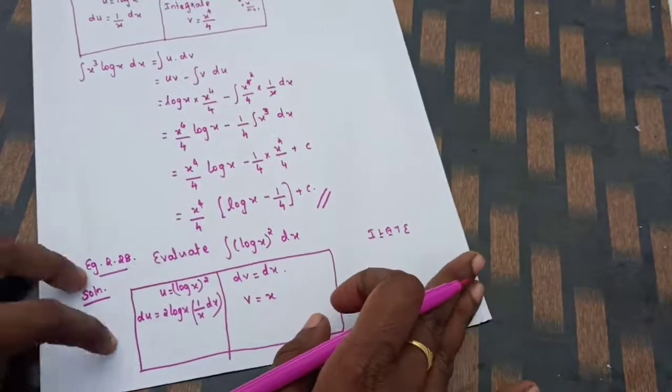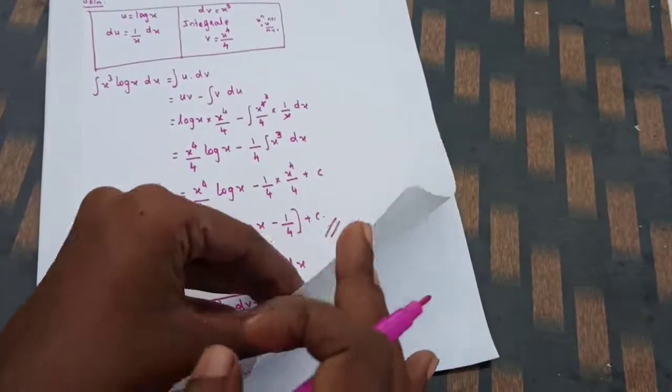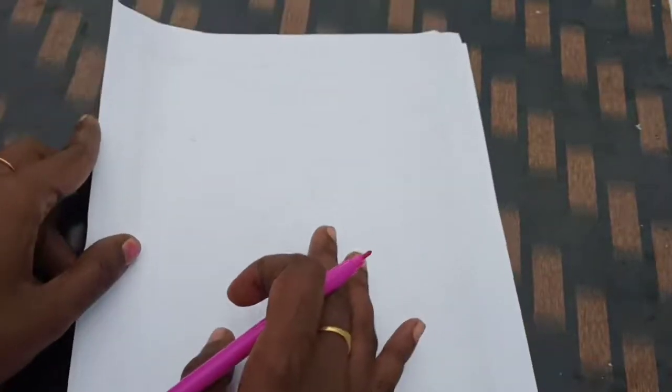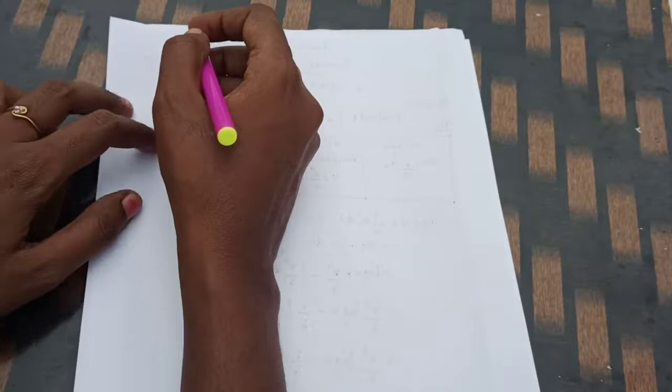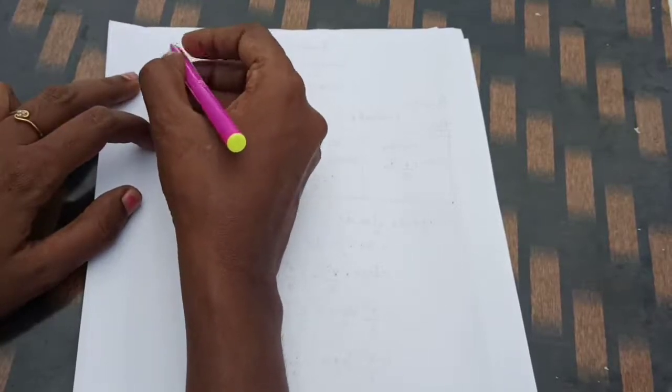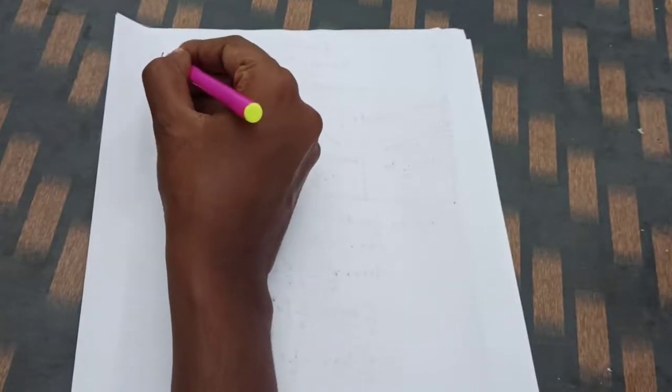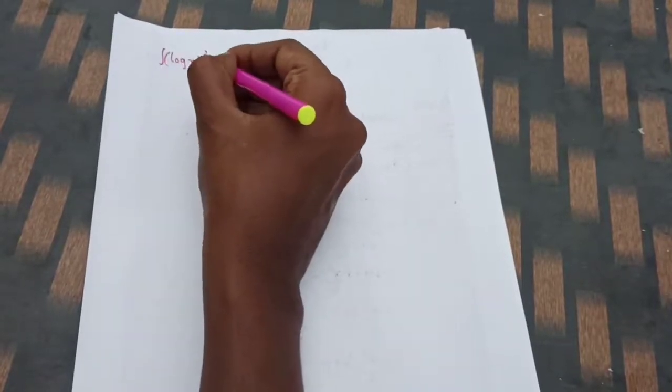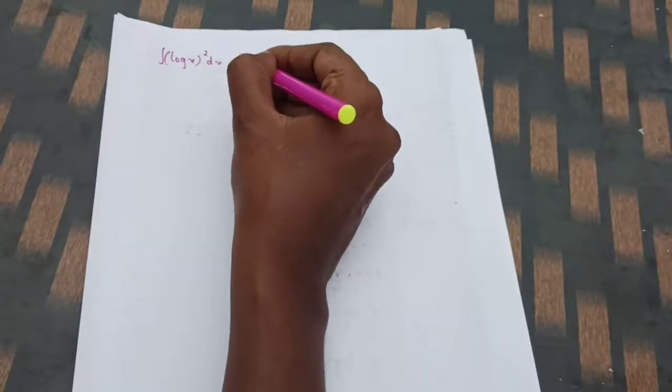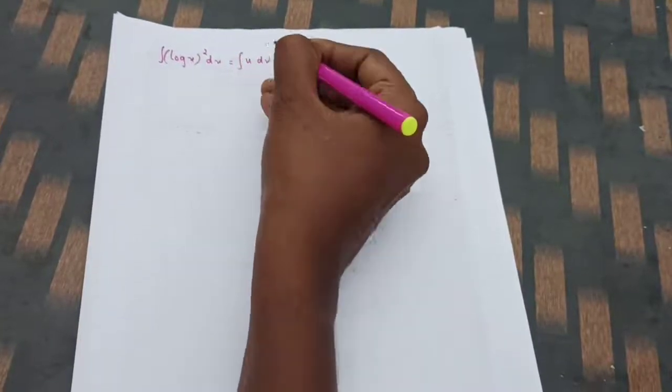Now you are going to substitute in the formula. So what's the formula? Carefully you need to do. Integral of (log x) the whole square into dx is equal to integral of u dv.